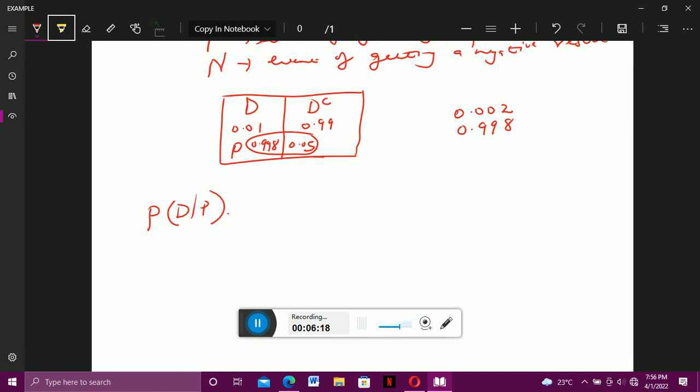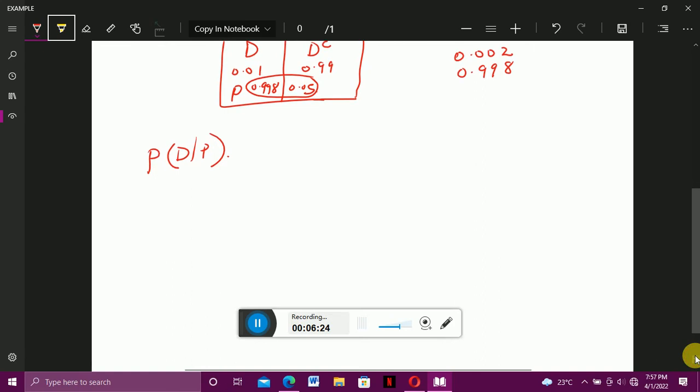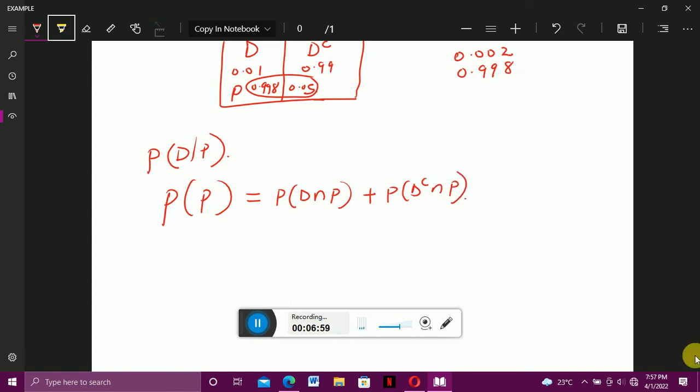So what we need, first of all, is to get the probability of getting a positive result. It is a total probability. It's the probability of having the disease and getting a positive result, plus the probability of not having the disease and getting a positive result.